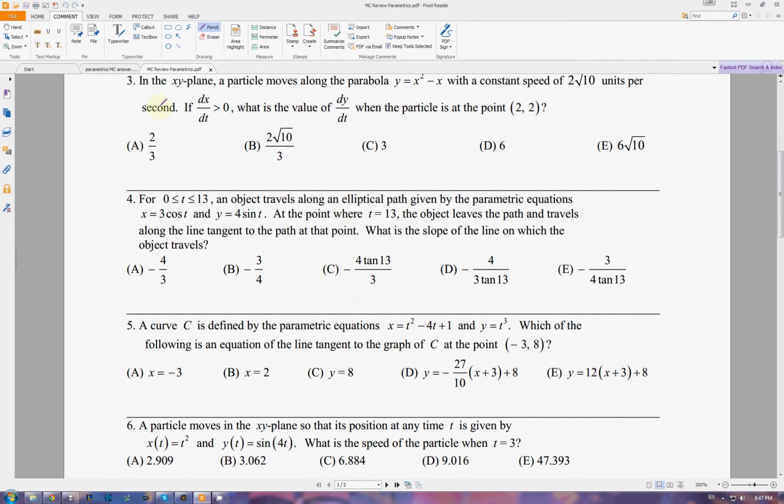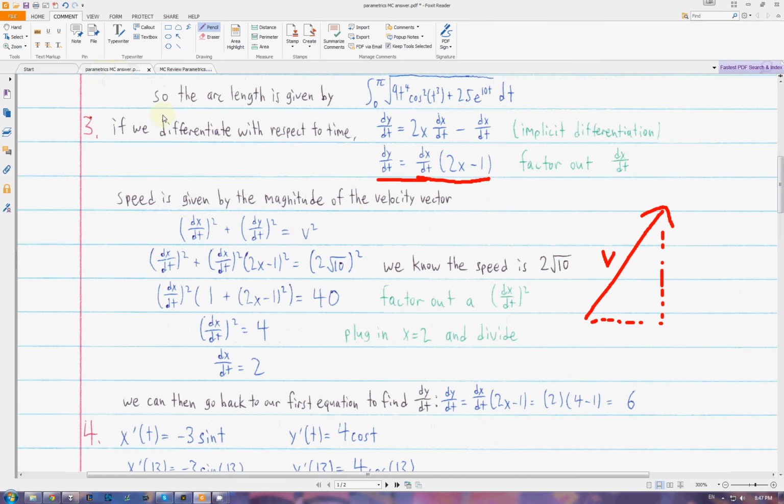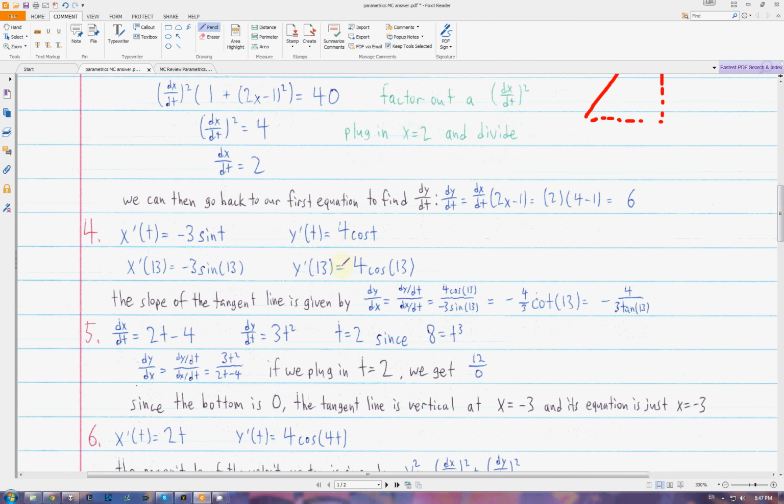So in problem 4, it just asks us for the slope of the tangent line. So really all we have to do is find the dx/dt and dy/dt separately, and then we plug in t equals 13, and then just use the formula for the tangent line, dy/dt over dx/dt, to find the answer.